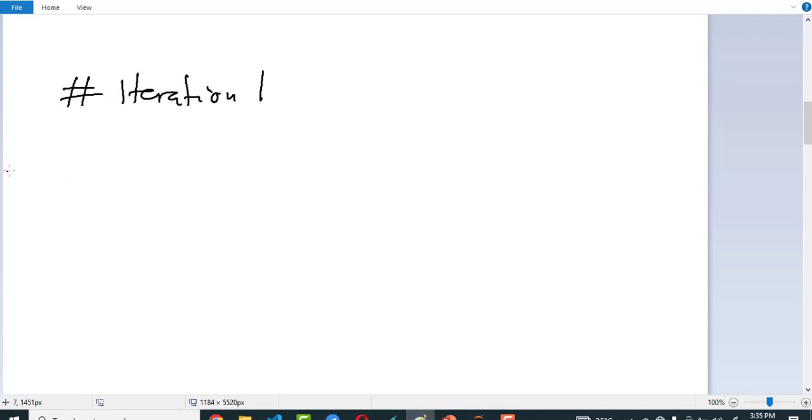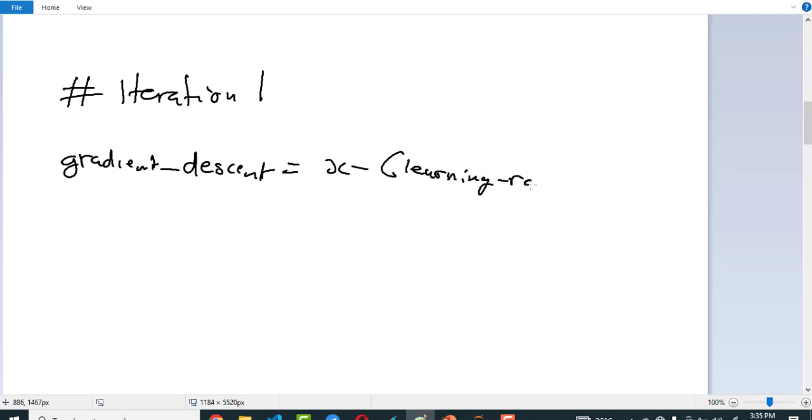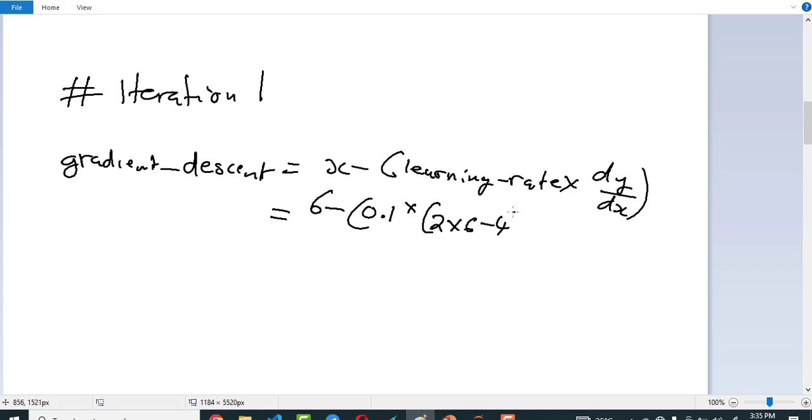For iteration 1, we create a variable gradient_descent equals x minus, that's the formula for gradient descent, minus our learning_rate times our gradient, dy/dx. We start at 6, subtract our learning rate 0.1 times the gradient, which is 2 times 6 minus 4.